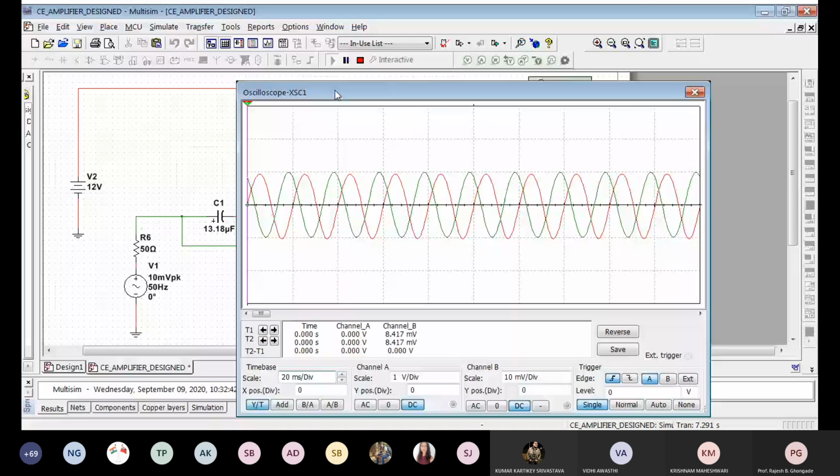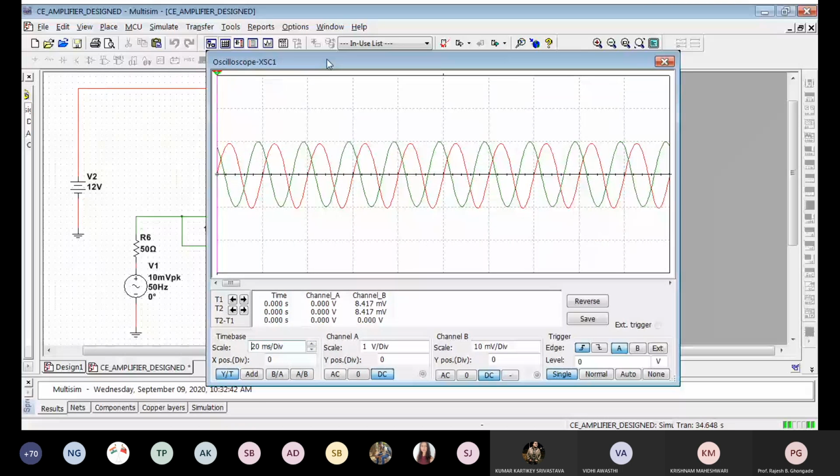Now you will see that the phase shift is slightly different, because at mid frequency it is going to be exactly 180 degrees, but on the lower side it is going to be a little different. Similar is the case on the upper side also, and that actually brings us to the phase response also. But before proceeding for that, let us find out what the actual output is.